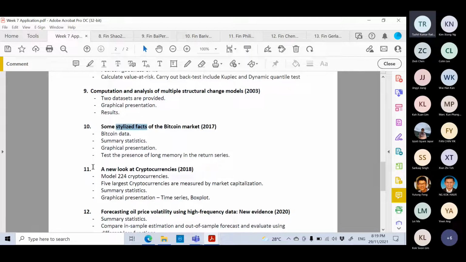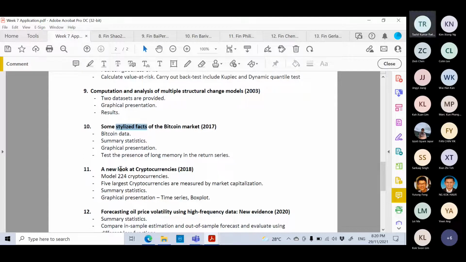If you still recall, previously I also showed you a research paper where we analyzed many cryptocurrencies, and we only presented the important ones. How we measure importance is based on the market capitalization. Of course, you can use other criteria to group the cryptocurrencies as important.